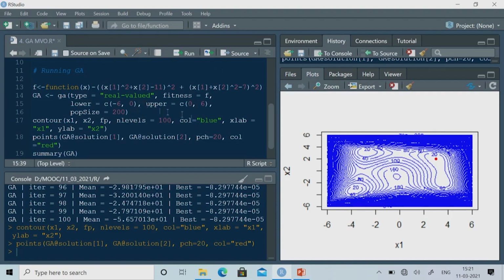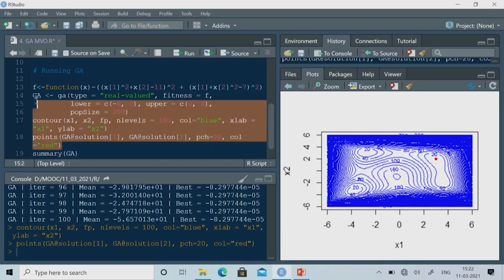So, I have used the upper bound and lower bound of the second quadrant. Okay. So, in that case I should get the solution in the second quadrant. So, let us see. Yeah, I am getting the solution in the second quadrant.